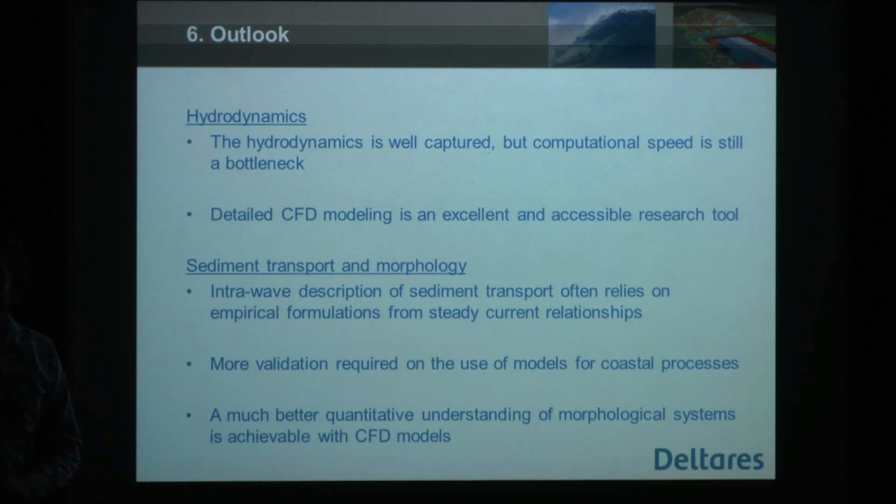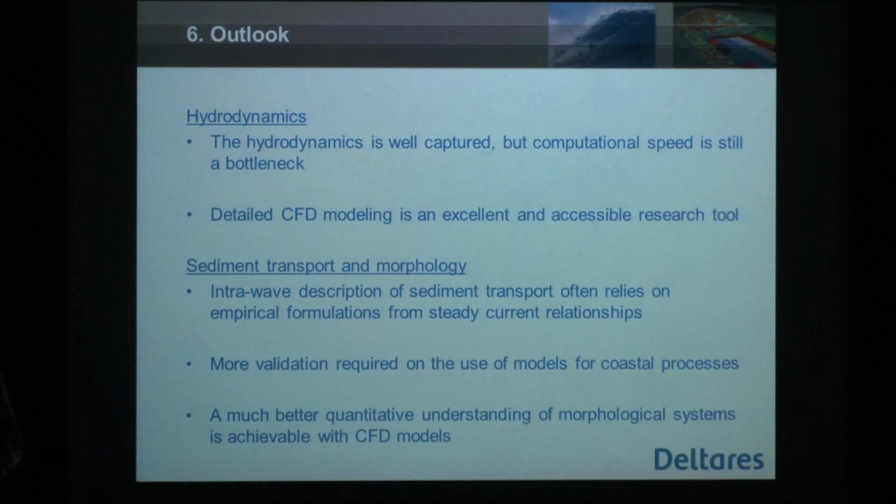it's something that will always come up. Our empirical formulas are quite often just based on pure steady current relationships, and we say, yeah, we just apply it to accelerated motion such as waves. But we still have to see whether that actually holds when we go into the amount of detail that we are pushing the models into.